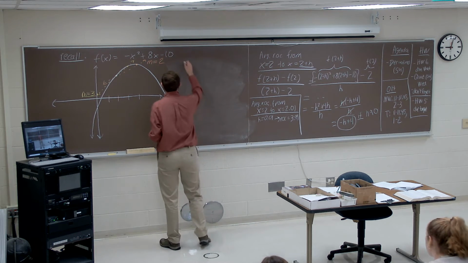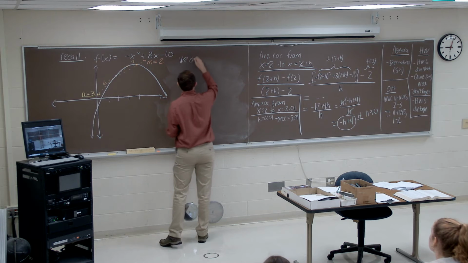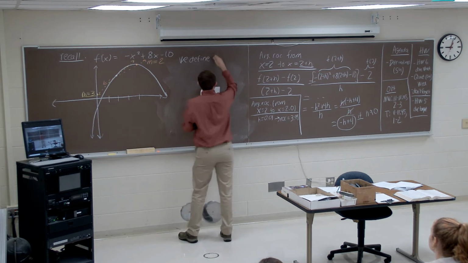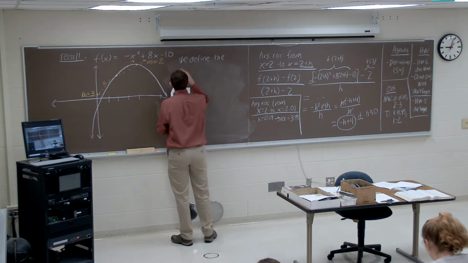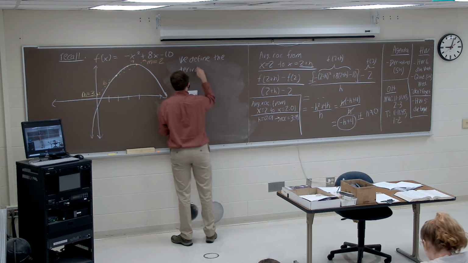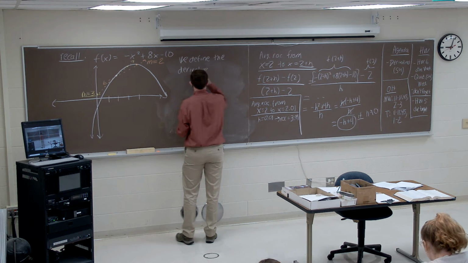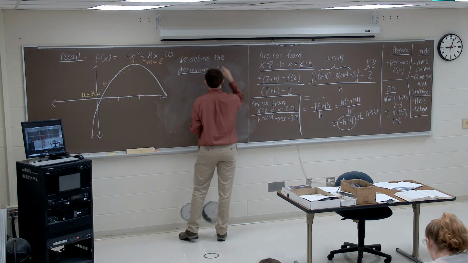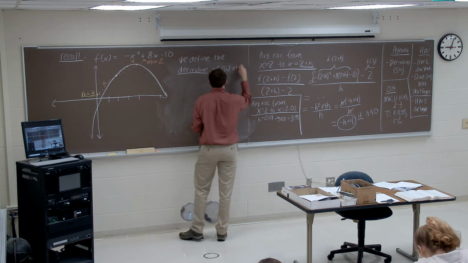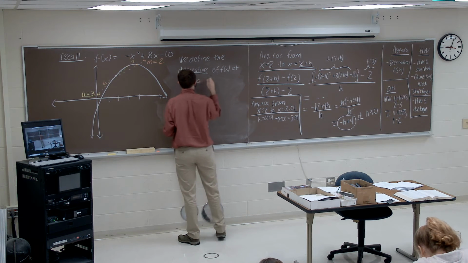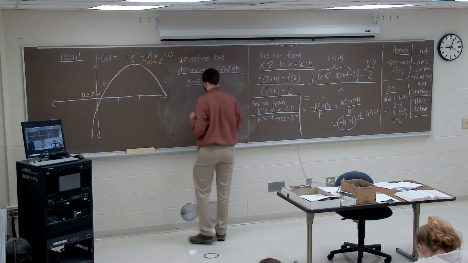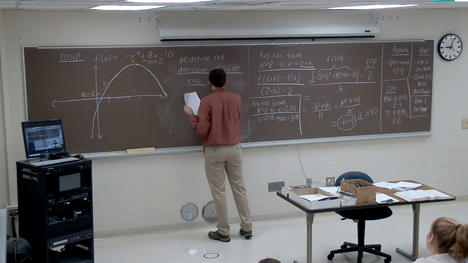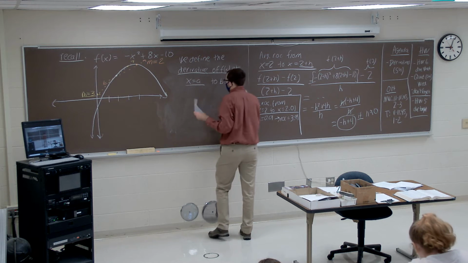So in general, we're going to define the derivative of a function f of x at a point x equals a to be the instantaneous rate of change at that point.